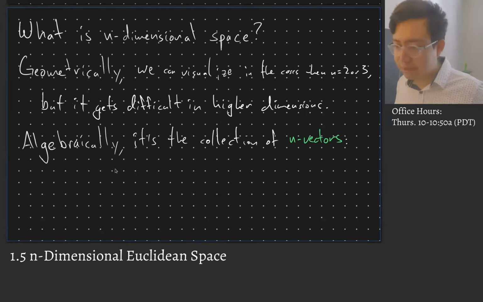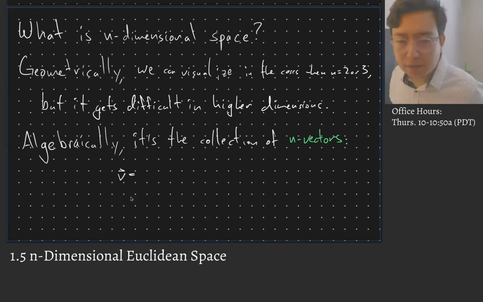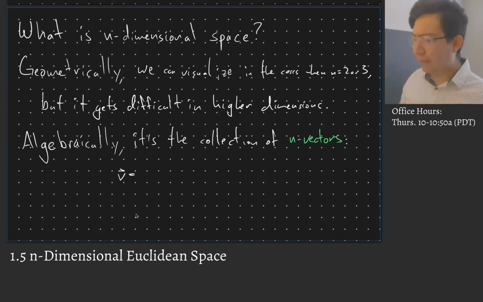The way we would write this is we'd use the same notation, just v with the little hat over it, or if we were typing, we'd use a bold v. And then the coordinates, instead of just being x, y, z, or v1, v2, v3, we call them v1, v2, all the way up to vn, with the subscript. We've been using some of this notation a lot.